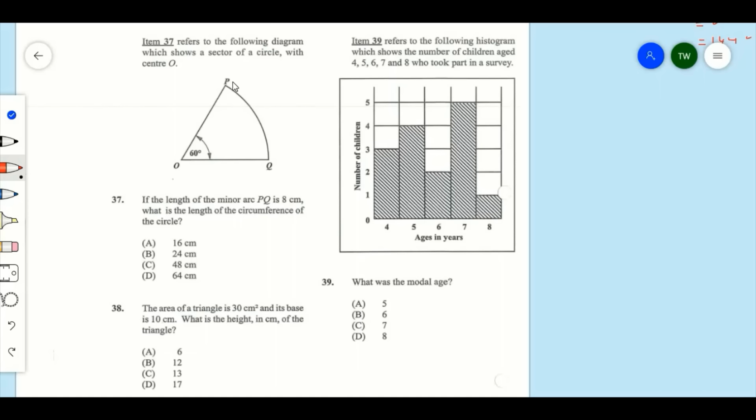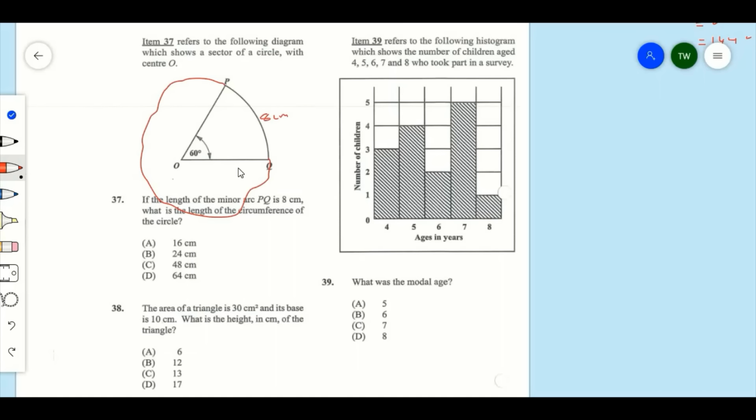So we know that PQ is going to be 8 centimeters. Also, we know that this sector, which is PQ, OQ, is a fraction of an entire circle. So if we were to complete the circle here and go around, we have the entire circle. Now this sector is just a fraction of it.